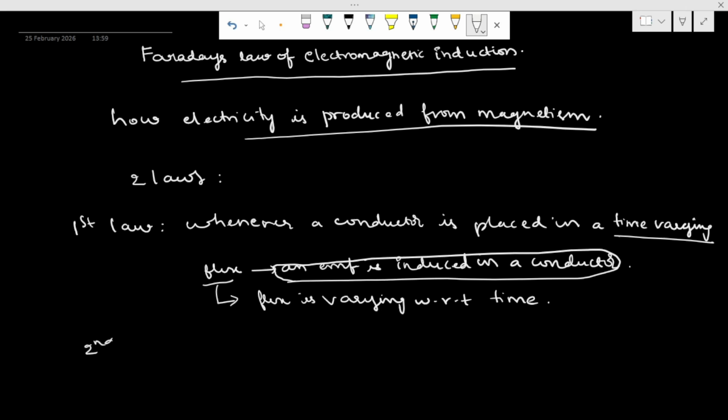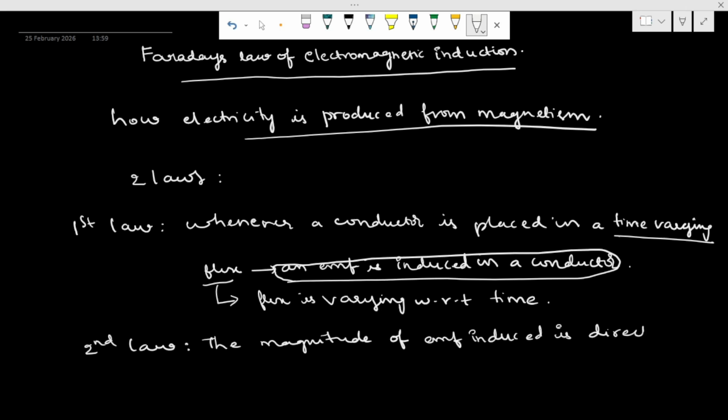Second law. Let us see the second law. The magnitude of EMF induced is directly proportional to the rate of change of magnetic flux.